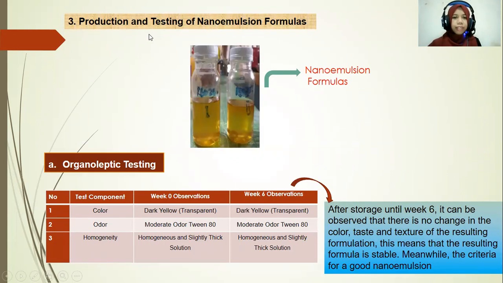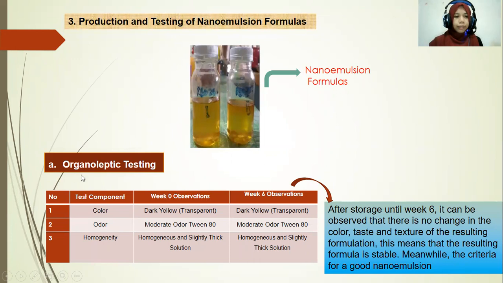Production and testing of the nano-emulsion formula. This picture shows the nano-emulsion formula. We make two formulas with the same formula.